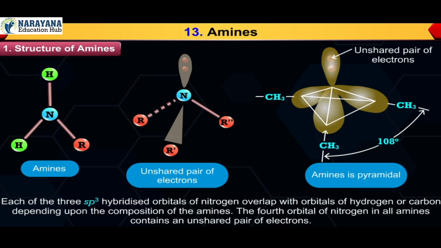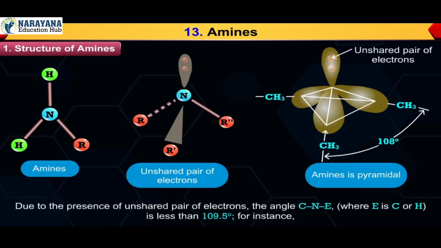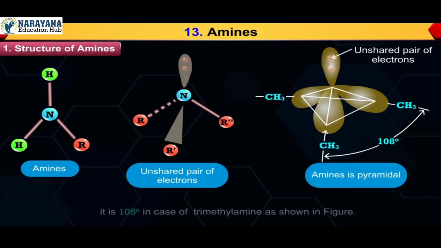The 4th orbital of nitrogen in all amines contains an unshared pair of electrons. Due to the presence of unshared pair of electrons, the angle C-N-E, where E is C or H, is less than 109.5 degree. For instance, it is 108 degree in case of trimethylamine as shown in figure.